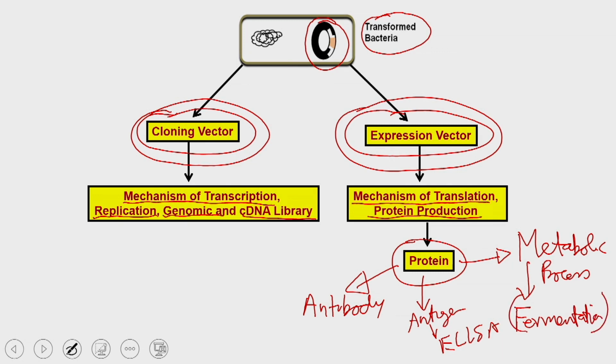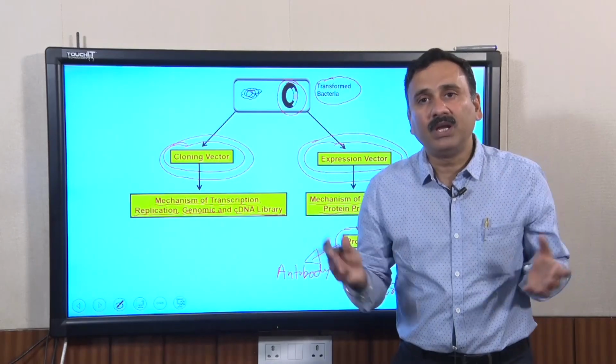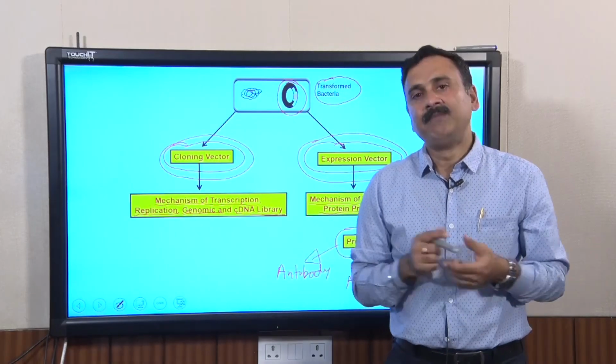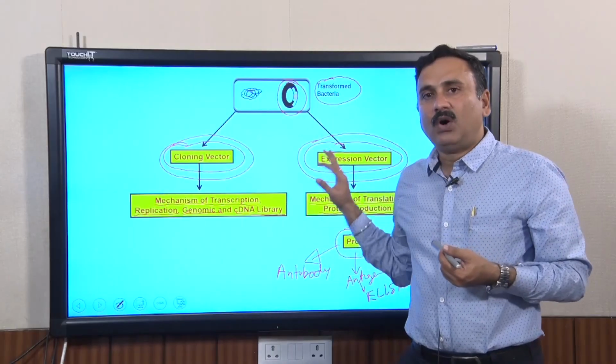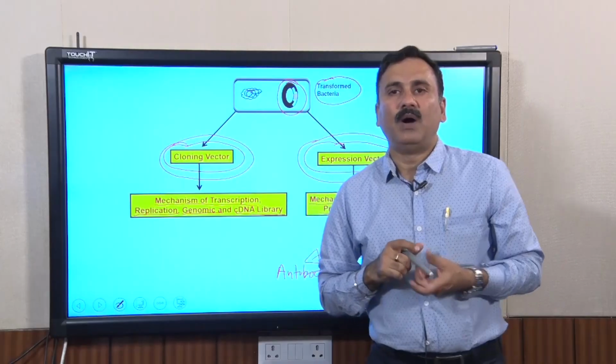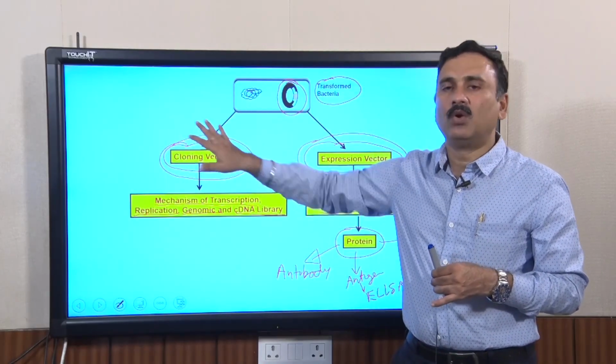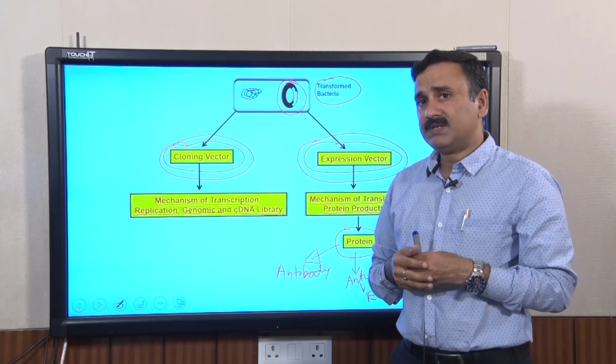So, once you generate a recombinant transformed host using an expression vector, you are ultimately overexpressing the proteins, or generating protein overexpressing organisms, and the utility of this is much more compared to using it for producing a recombinant clone in the cloning vectors.